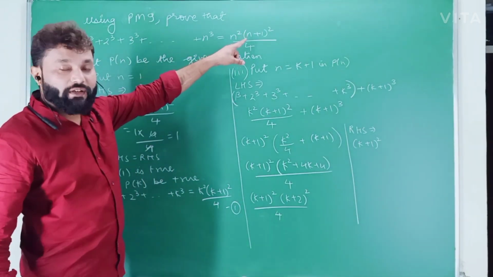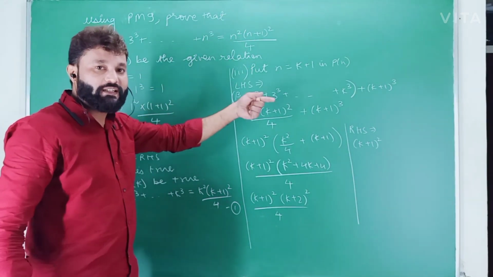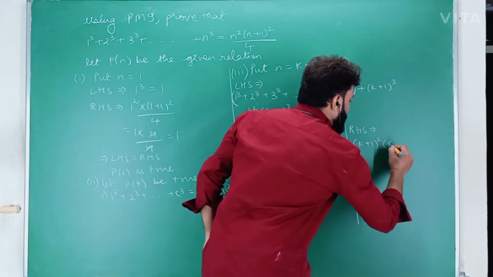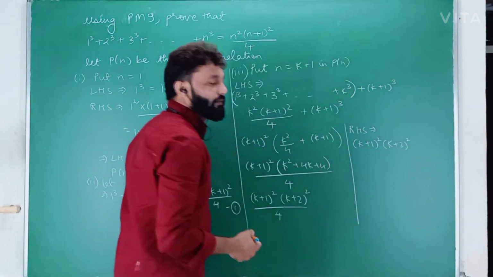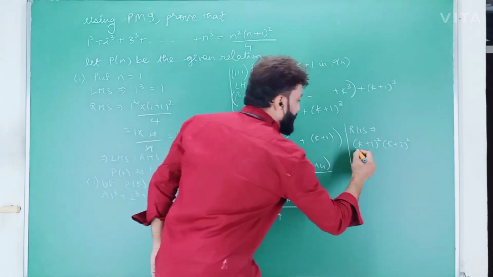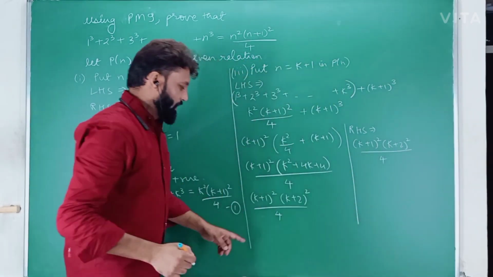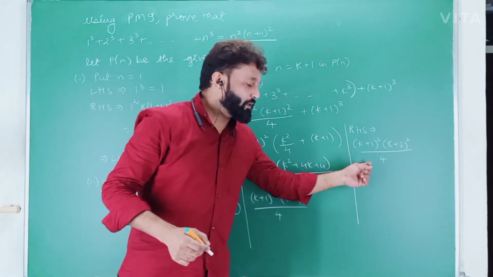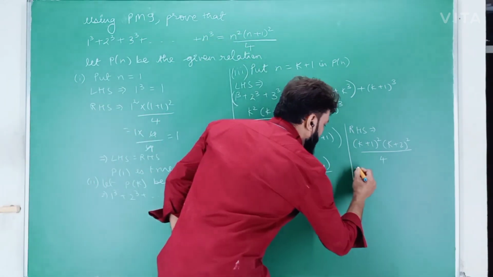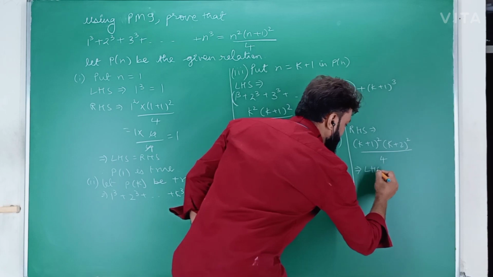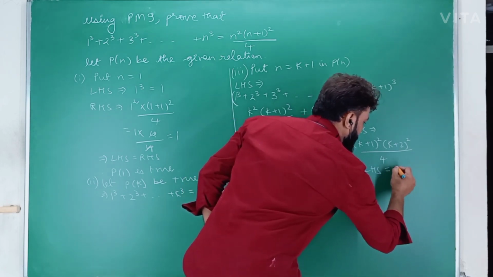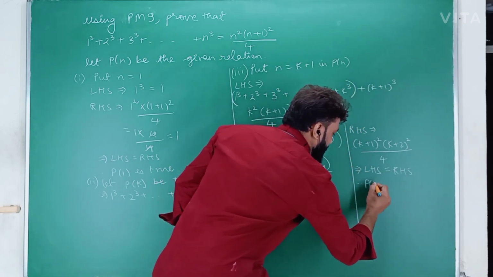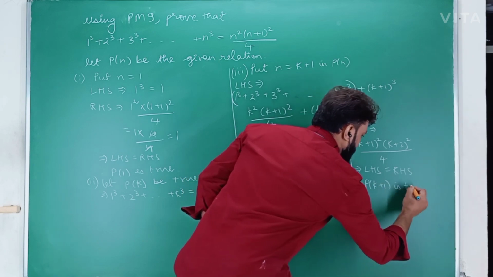Here in place of n, if we write k + 1, it will be k + 1 + 1, which will give us (k + 2) whole square and whole divided by 4. LHS was (k + 1) whole square (k + 2) whole square whole upon 4. The same thing goes for RHS. So we can easily conclude that LHS is equal to RHS and therefore P(k + 1) is true.